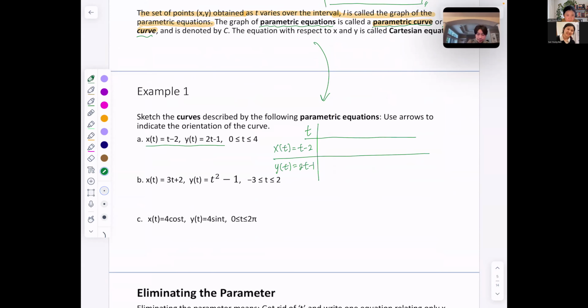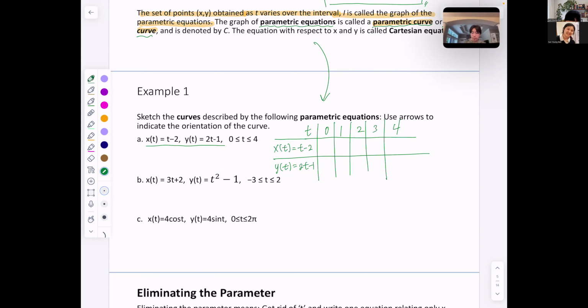Are you guys okay? And now I'm going to just choose some simple t values: 0, 1, 2, 3, 4. Okay? And let's evaluate each x and y output.